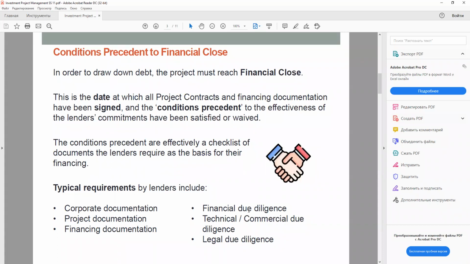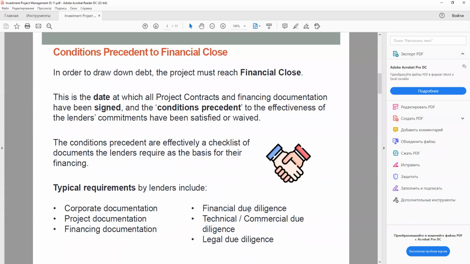So what are the conditions precedent? Signature of the financial documentation alone does not mean that the lenders will start advancing funds to the project company. In order to draw down any debt at all, the project must first reach financial close.